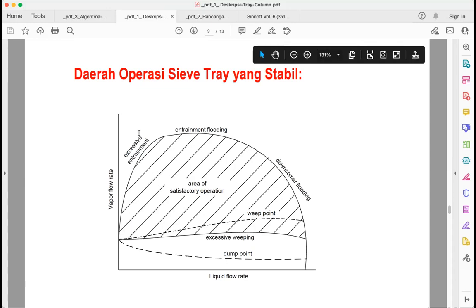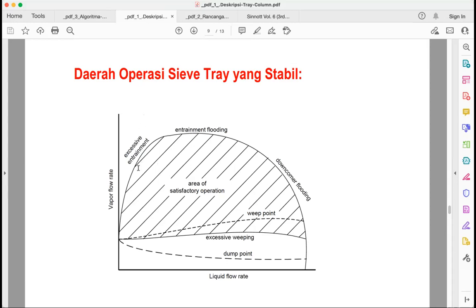So it brings the liquid to the upper tray. We don't want that, so it's called excessive entrainment if we have too much vapor flow rate and low liquid rate.